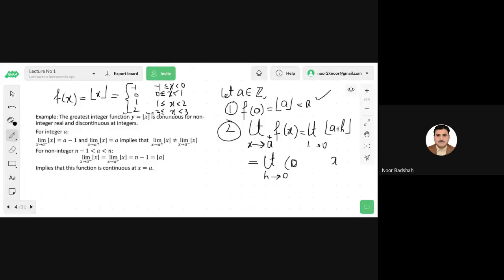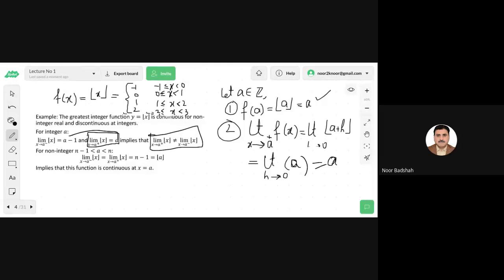This is a, and this is equal to a. Now you see from here, the right hand limit is a. Left hand limit was a minus 1. So for any value of a, these two are not the same. Therefore we say left hand limit is not equal to right hand limit, so the limit doesn't exist.